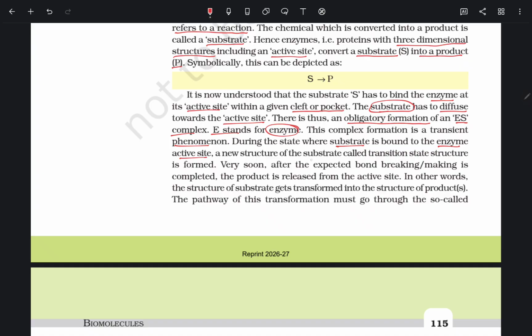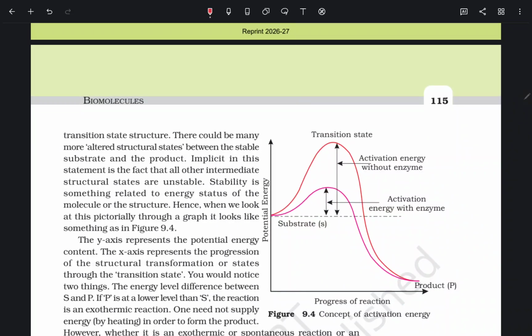During the state where the substrate is bound to the enzyme active site, a new structure of the substrate called the transition state structure is formed. Very soon after the expected bond breaking and making is completed, the product is released from the active site. In other words, the structure of the substrate gets transformed into the structure of the product. The pathway of this transformation must go through the so-called transition state structure.